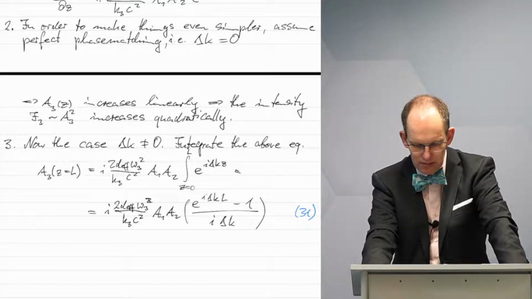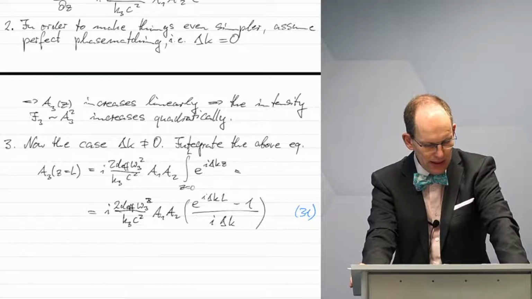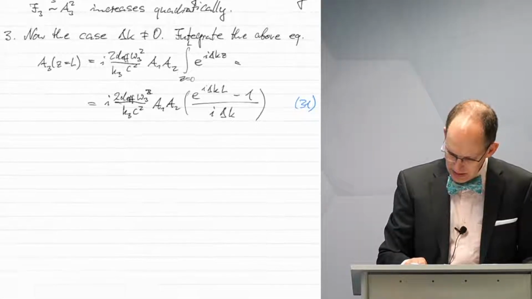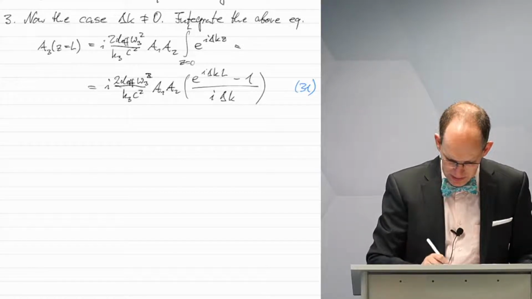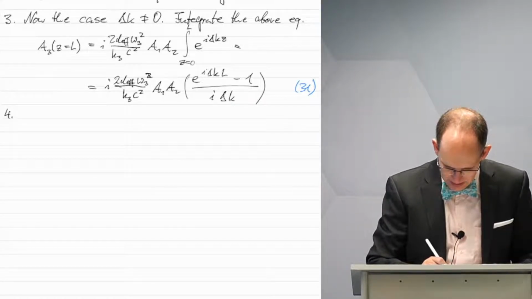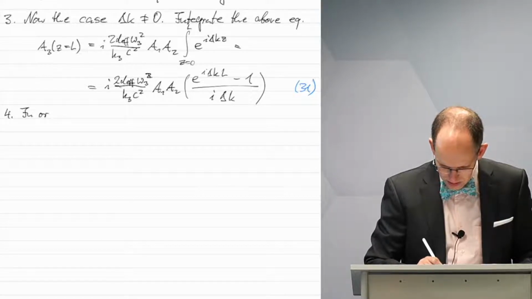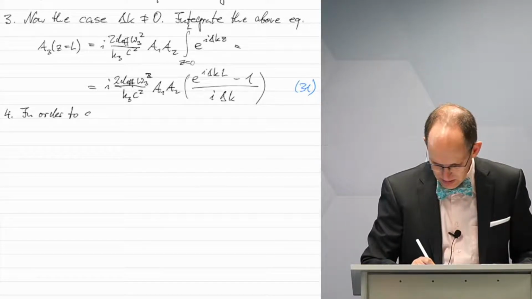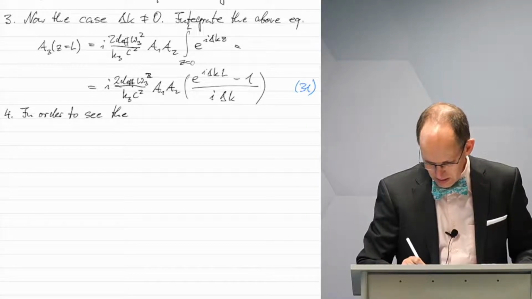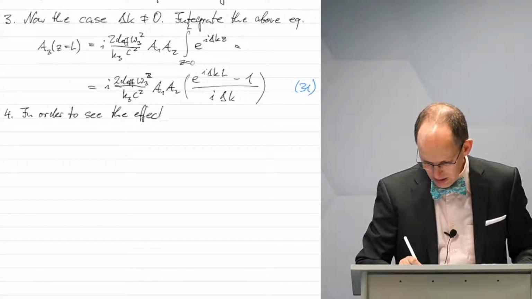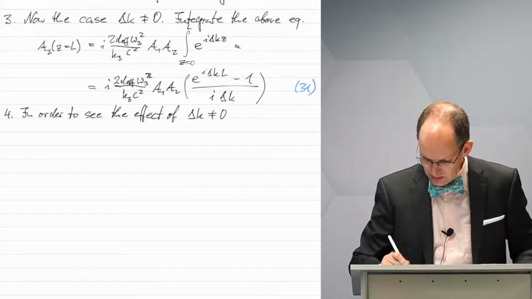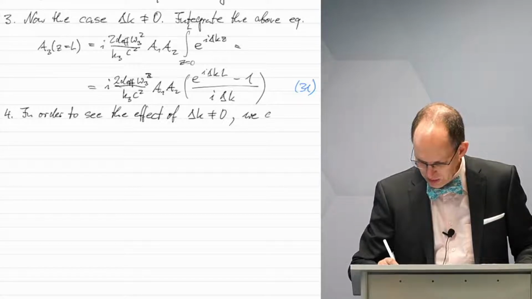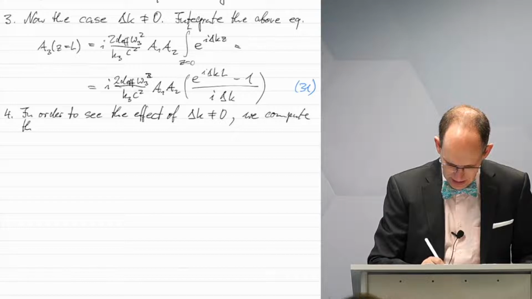To this end, in order to see the effect of delta k not equal to 0, we compute the intensity I3.